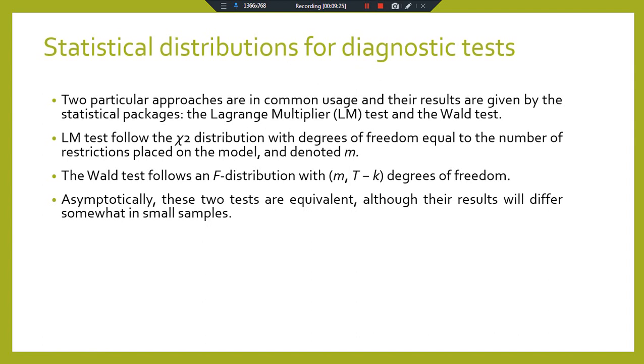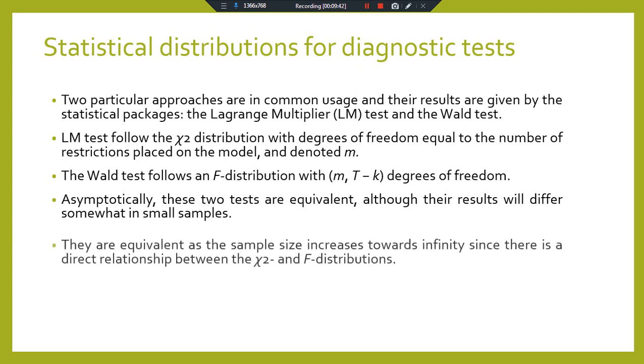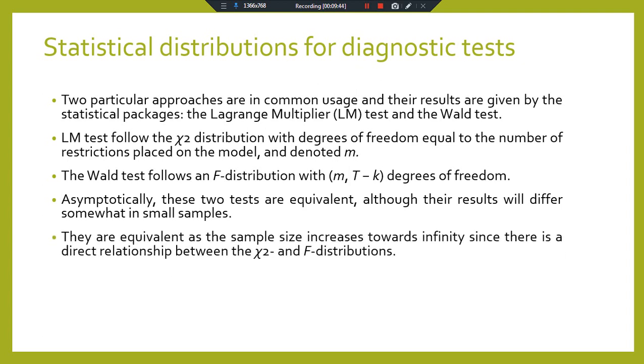Asymptotically, when we talk about these two tests, they are normally equivalent, but their results will be different when we have a small sample size. Whenever you increase the sample size towards infinity, these two tests are equivalent, and we can say that there is a direct relationship between the chi-square and the F distribution.